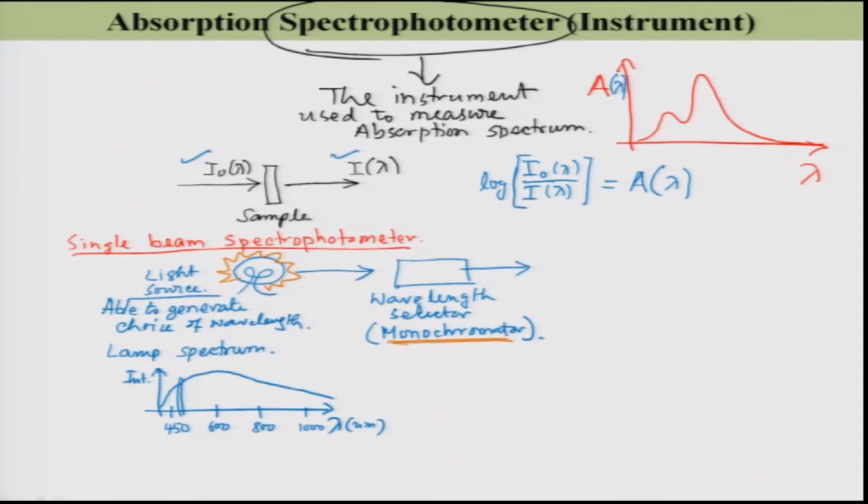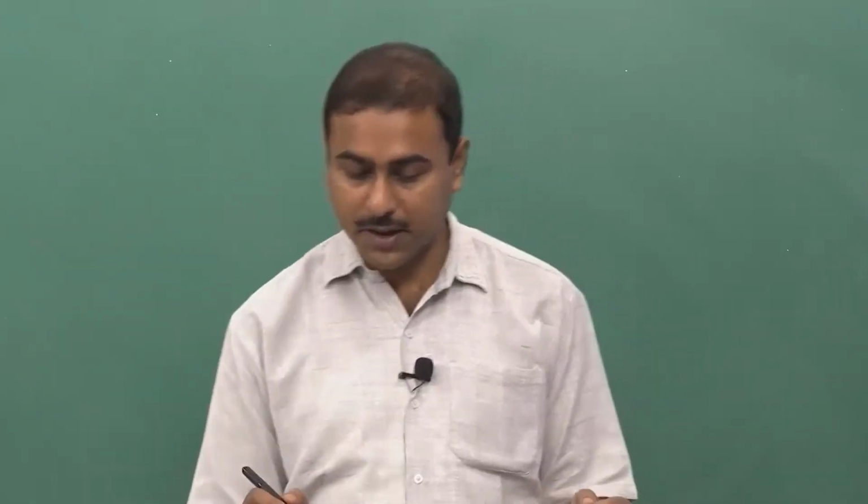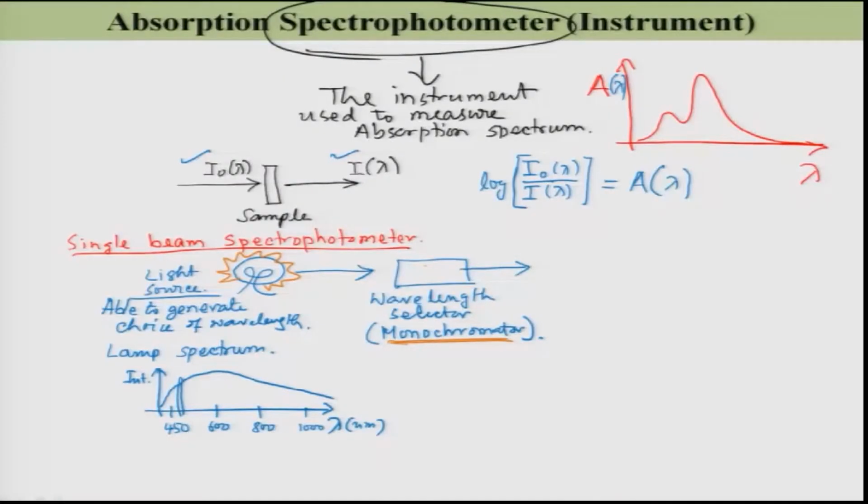It is based on gratings, and you can select the wavelength of light of your choice. If you choose 500 nanometer light, only 500 nanometer light, obviously with some bandwidth, will come out of this device. If you want 600 nanometer, then 600 nanometer light will come out with some bandwidth. Nevertheless, with this light, what you get is the I0.